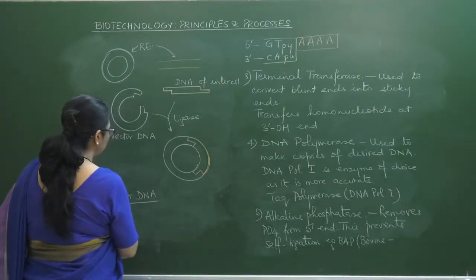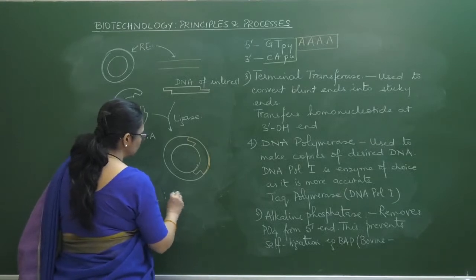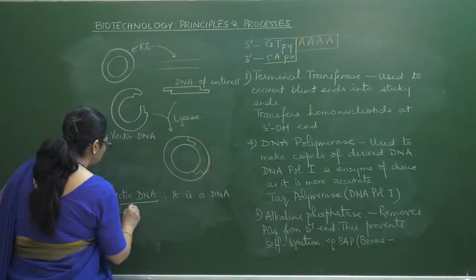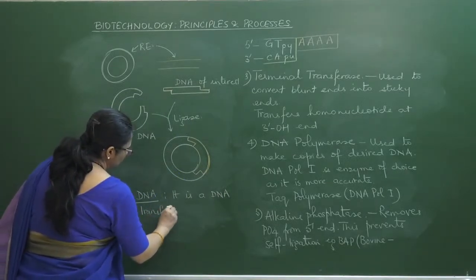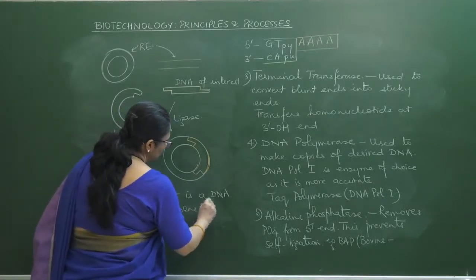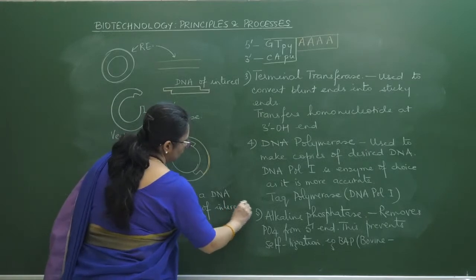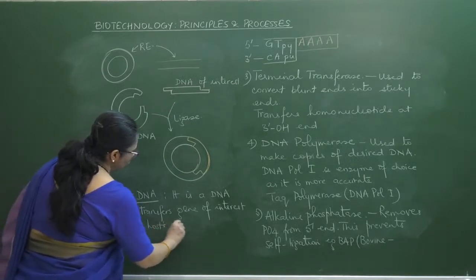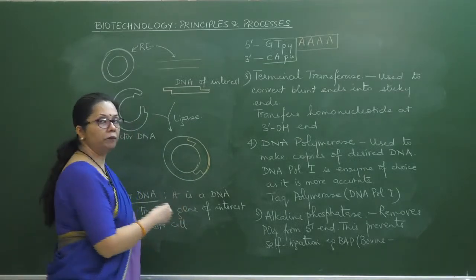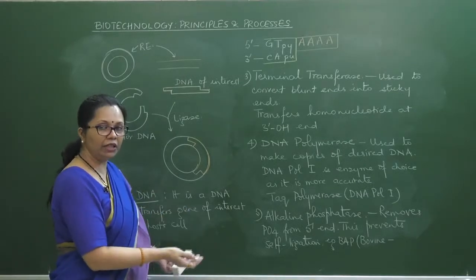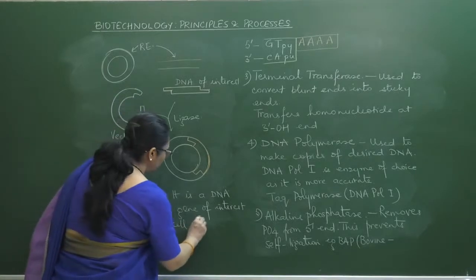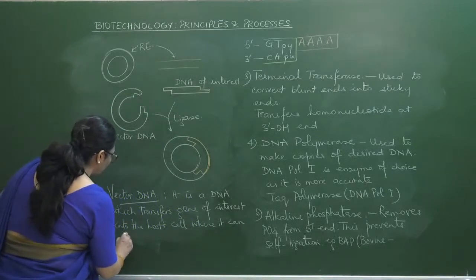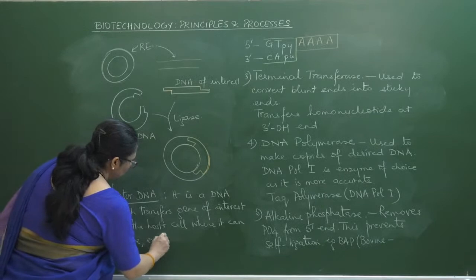Vector DNA. So vector DNA is a DNA which transfers the gene of interest into the host cell, where it can make its copy, where it can replicate, that is, it can express, okay, where it can clone, express.